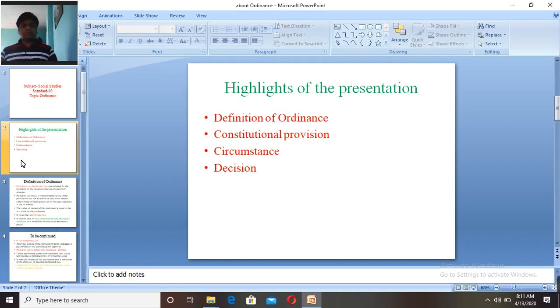Under definitions, I will be talking about what ordinance is and the concept of ordinance. Under constitutional provision, what provisions are made for ordinance in the Constitution of Nepal 2072? Circumstance means in which situation ordinance has to be brought, and decision means who will take the decision to promulgate the ordinance.